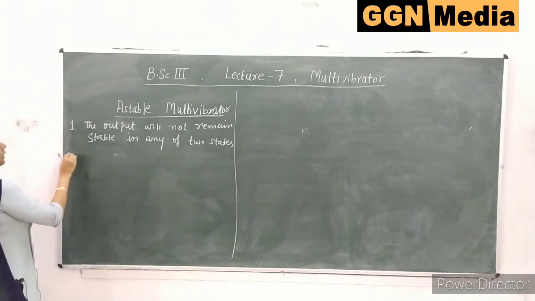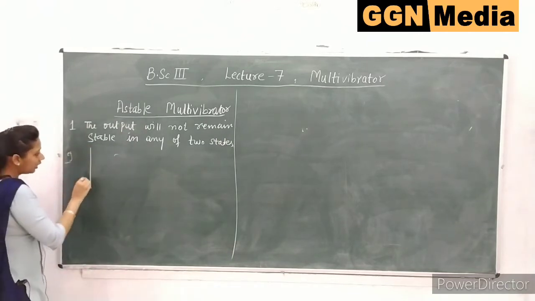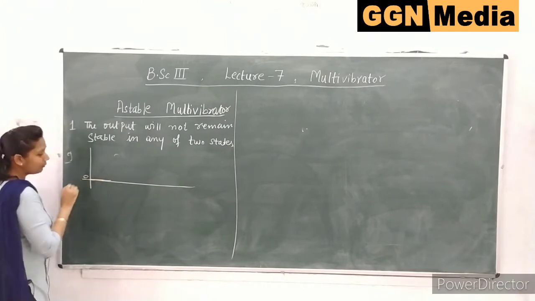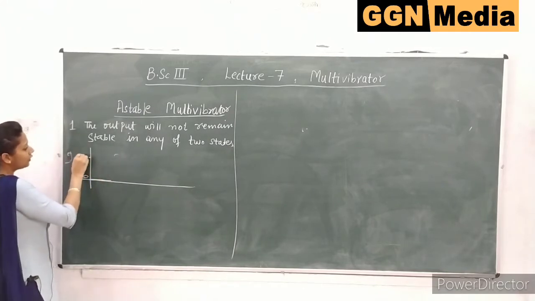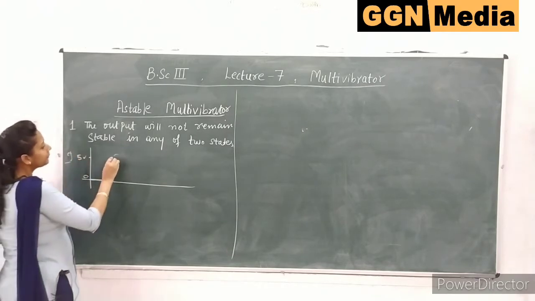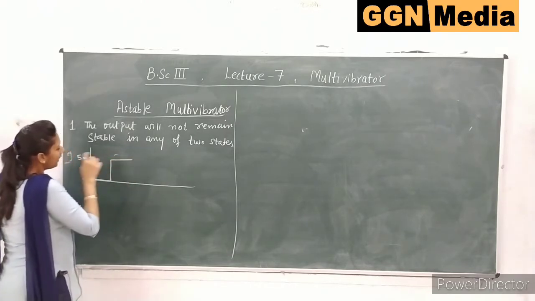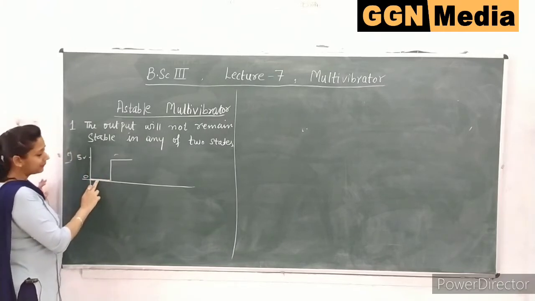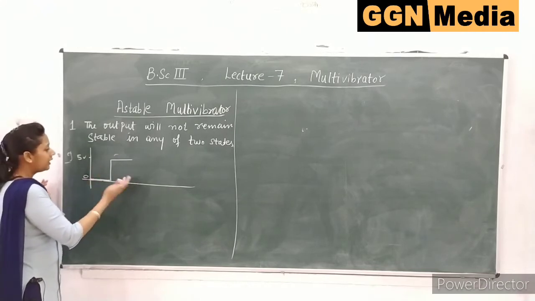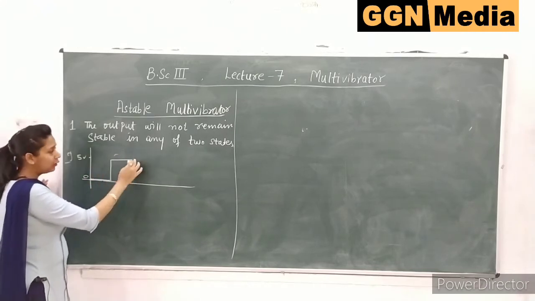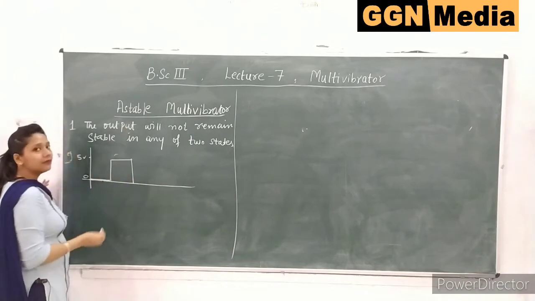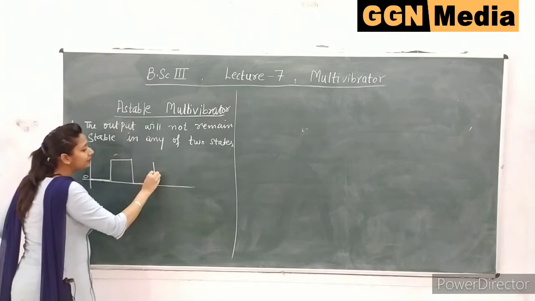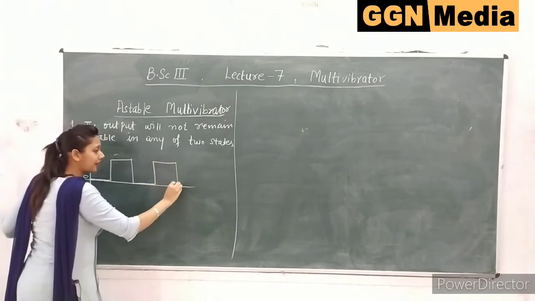How? For example, our output is like this, starting from the lower value to the highest value, let us suppose 5 volt. First we are in low state, then the output independently changes to this high value. Again after some time it goes to low state, and again after some time it goes to high state.